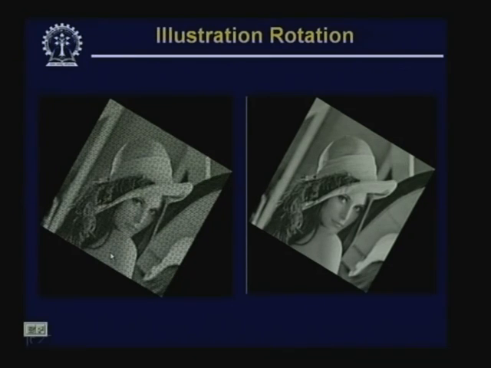Here again you find that there are a number of black spots in this rotated image which could not be filled up because no interpolation was used in this case. Whereas on the right hand side, this particular image after rotation has been interpolated using bicubic interpolation. So, you find that all those black spots in the digital image have been filled up.